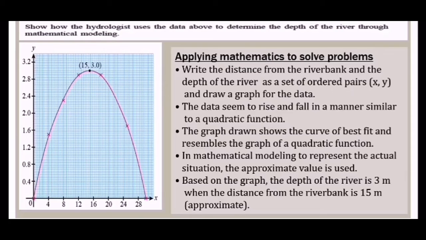The graph drawn shows the curve of best fit and resembles the graph of a quadratic function. In mathematical modeling to represent the actual situation, the approximate value is used. Based on the graph, the depth of the river is 3 meters when the distance from the riverbank is 15 meters.